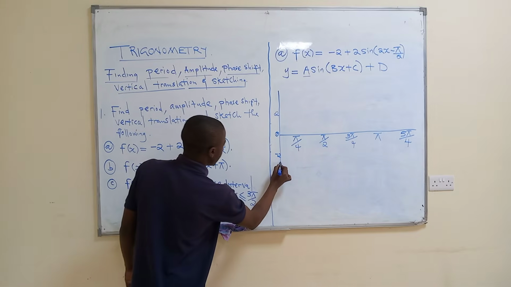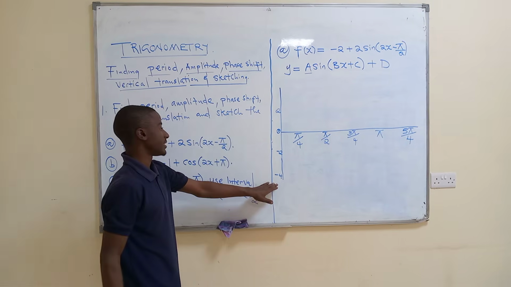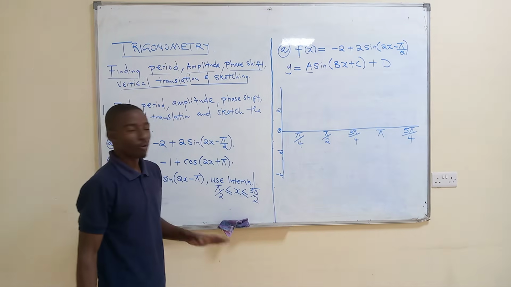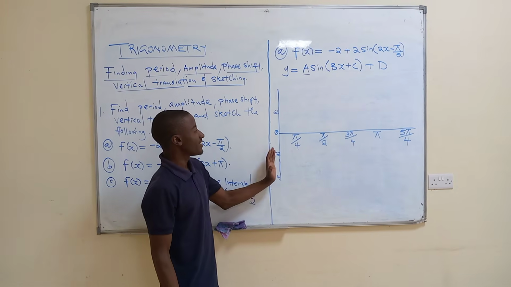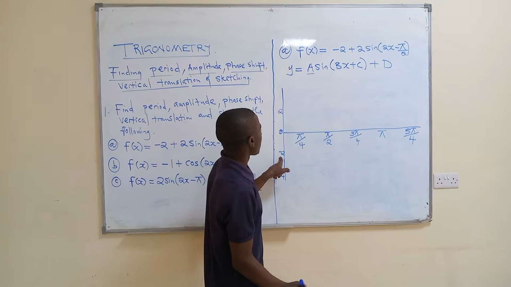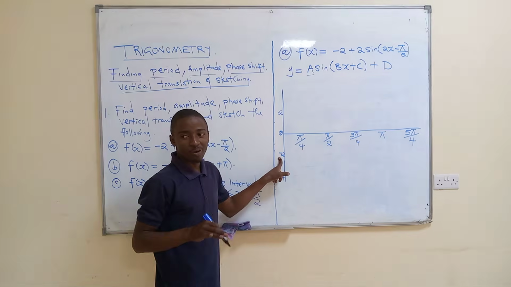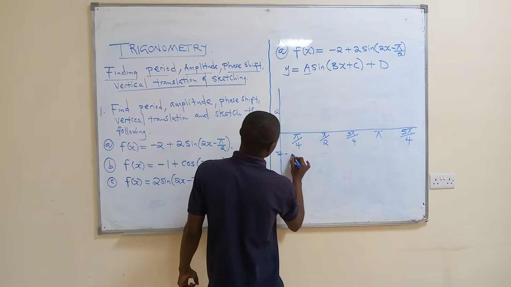Lower limit was negative what? 4. Negative 4. This is my lower limit. Now to graph, first of all, I'm going to start with the vertical translation. I'm only graphing the final graph here. So the vertical translation, that is where I'm going to draw the horizontal asymptote. So like this.